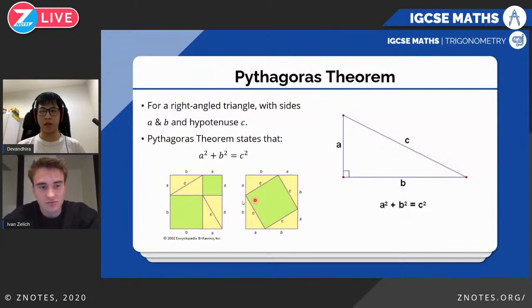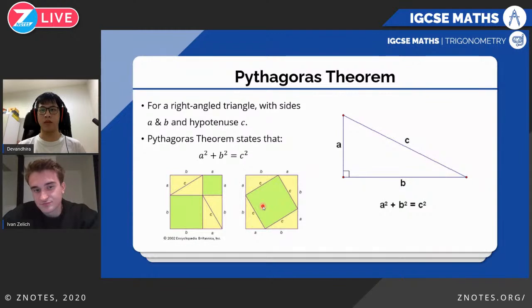Then we can rearrange these shapes and get this shape here. And what we end up doing is we get a square here. Well, not a little square, quite a big square. You can see it is the longest side. And basically, it means that this area plus this area equals this area, or A squared plus B squared equals C squared. You have to actually show that you can rearrange these things like that.